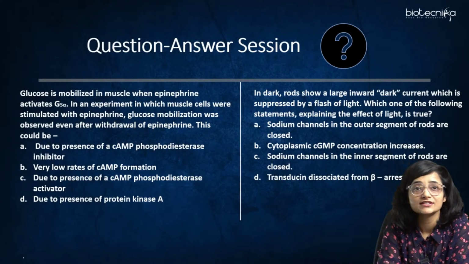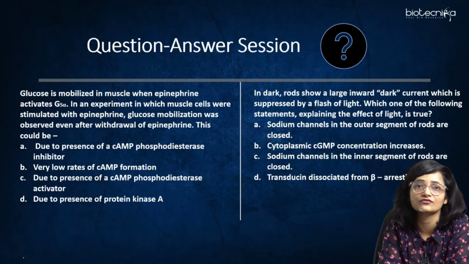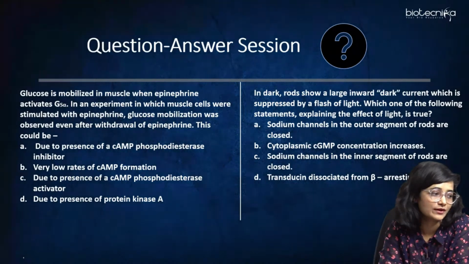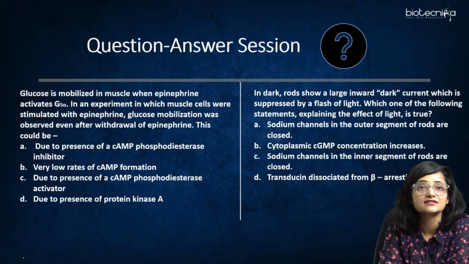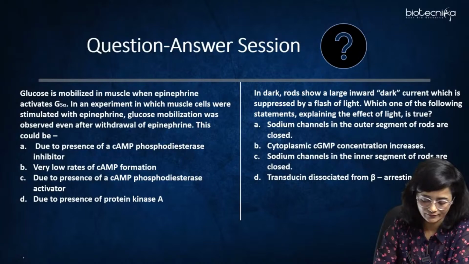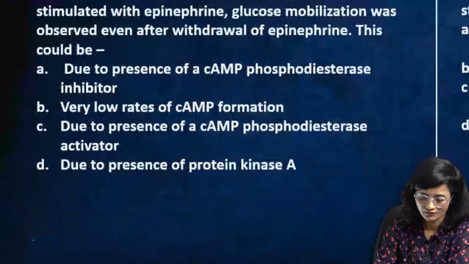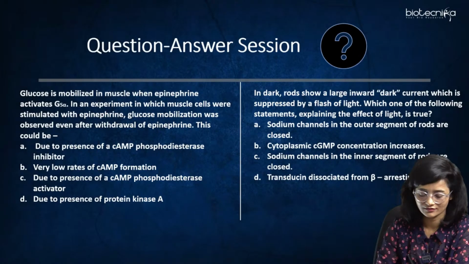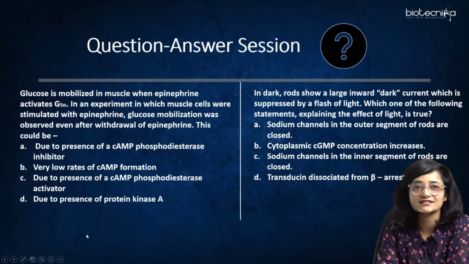So this question basically says that even after the withdrawal of epinephrine, we see that the transduction of the signaling, GPCR signaling, is still taking place. Option A is the correct one here, because of the presence of cAMP phosphodiesterase inhibitor. cAMP phosphodiesterase is an enzyme, as we discussed yesterday.